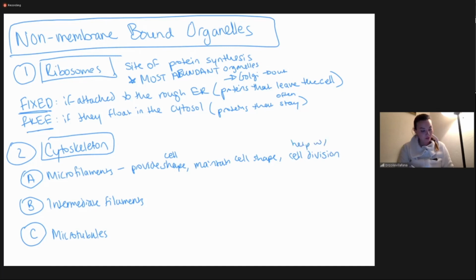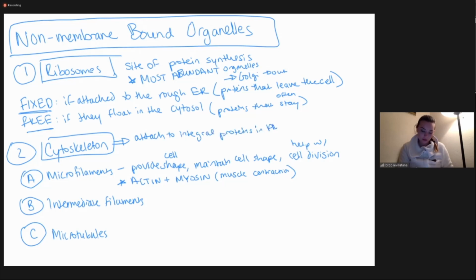Actin and myosin are very important that you know: these are the 2 microfilaments, and they work with muscle contraction. Overall, the function of the cytoskeleton is basically to attach the integral proteins in the plasma membrane.